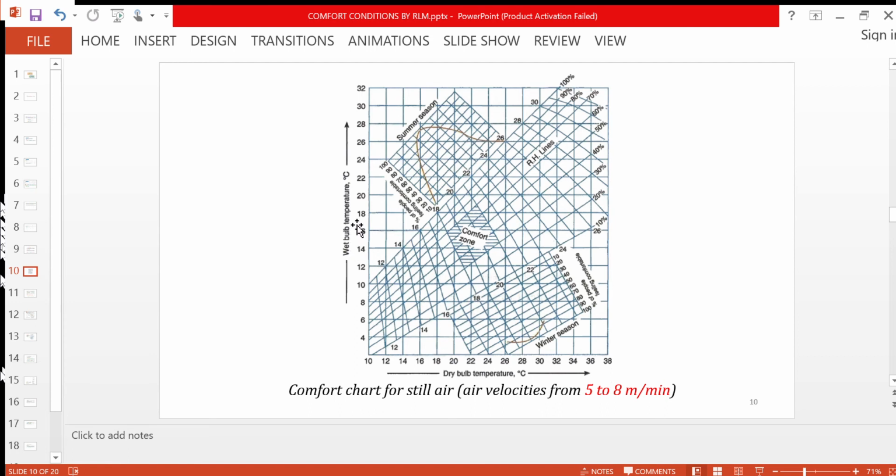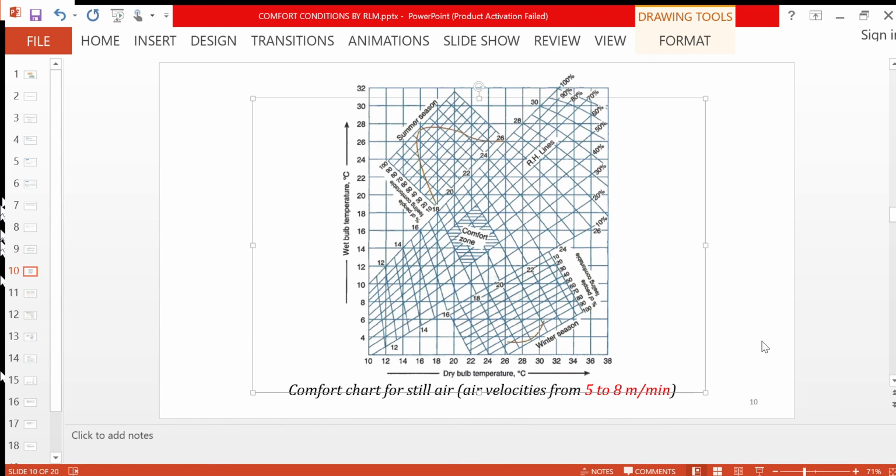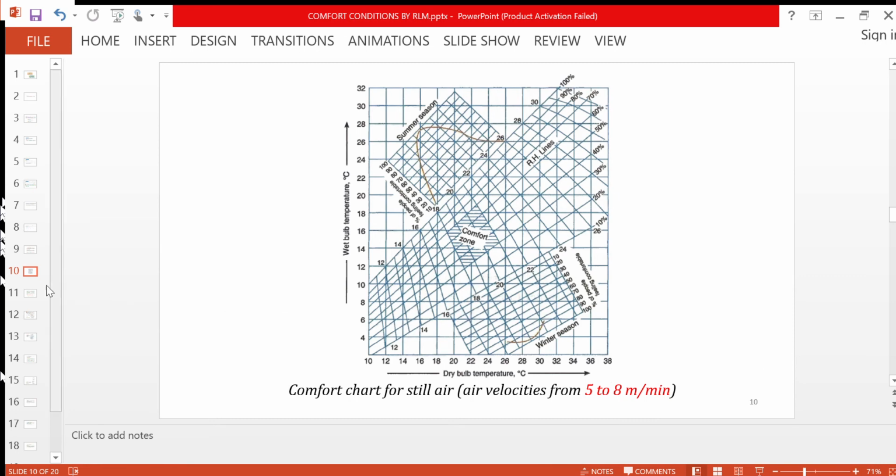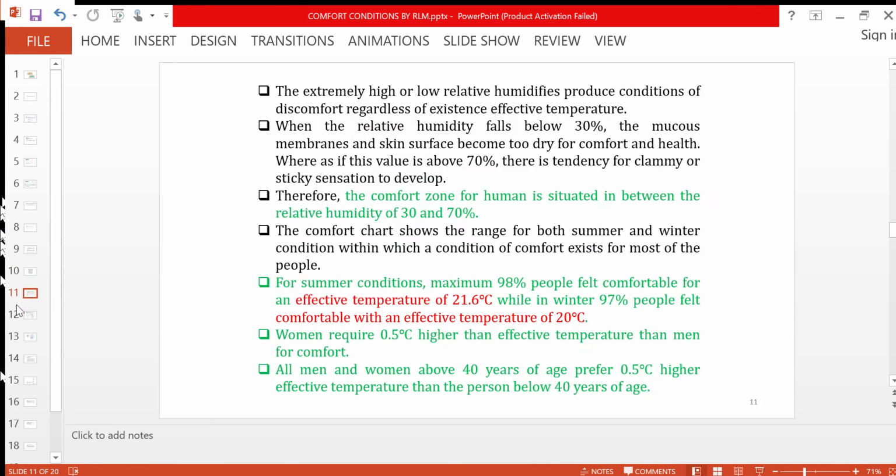Wet bulb temperature is also a representation of your degree of saturation, therefore these two are the same. But this chart is specified for a range of air velocity. This is very essential. If your air velocity changes, then this chart needs to be changed.